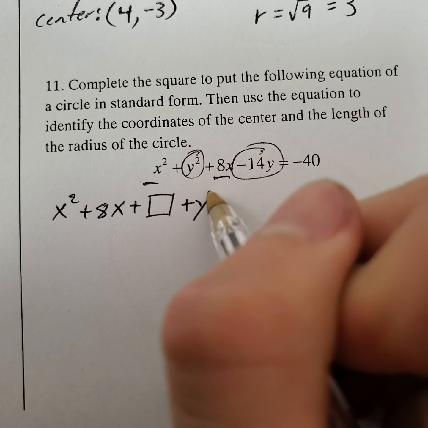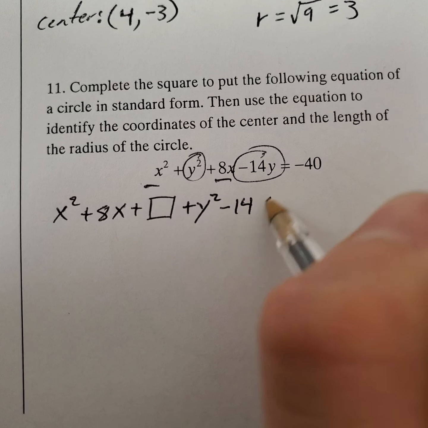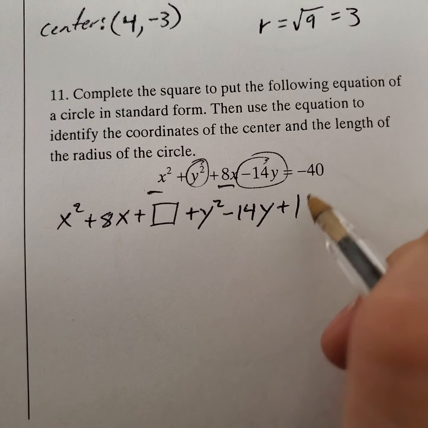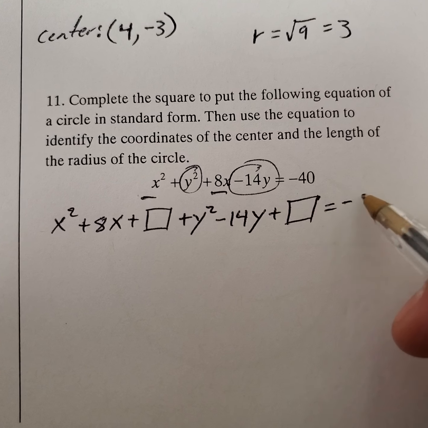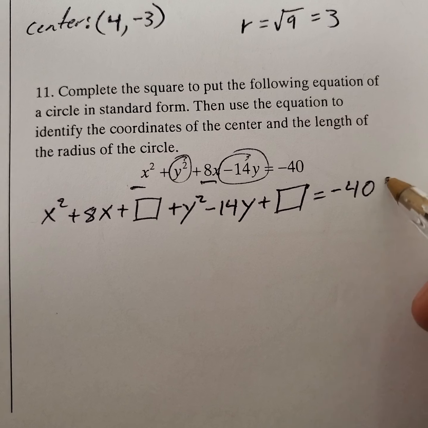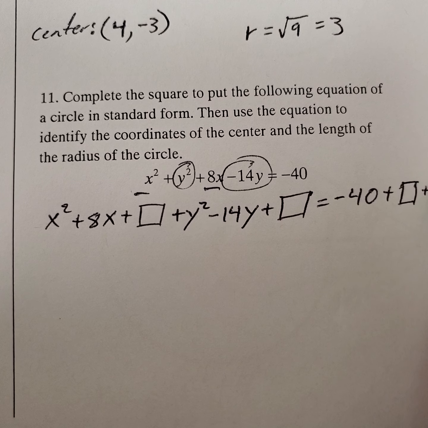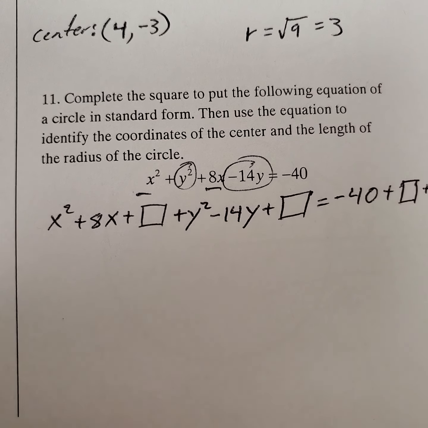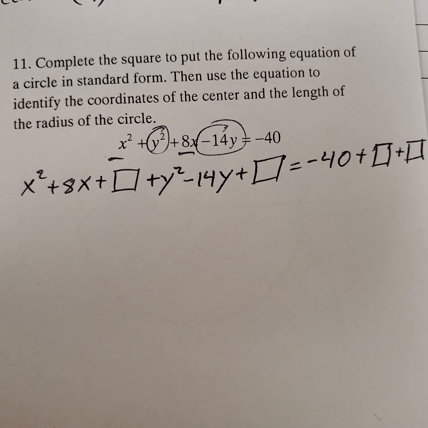Plus y squared minus 14y plus my other number in there equals negative 40 plus those two boxes that I added in the end. 1, 2. So let's see how to do this.